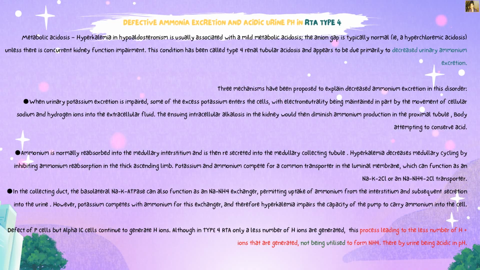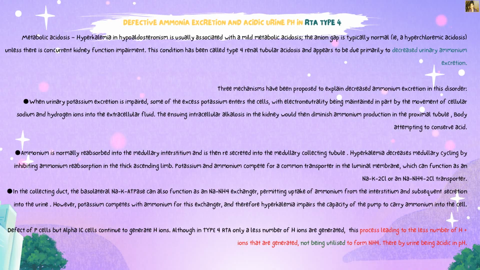So you have fewer hydrogen ions being secreted, but you also have a decrease in urinary ammonium excretion, so there is less ammonium to buffer those hydrogen ions, allowing them to reduce the urinary pH to less than 5.5. That's how you get a urinary pH of less than 5.5 in renal tubular acidosis type 4.